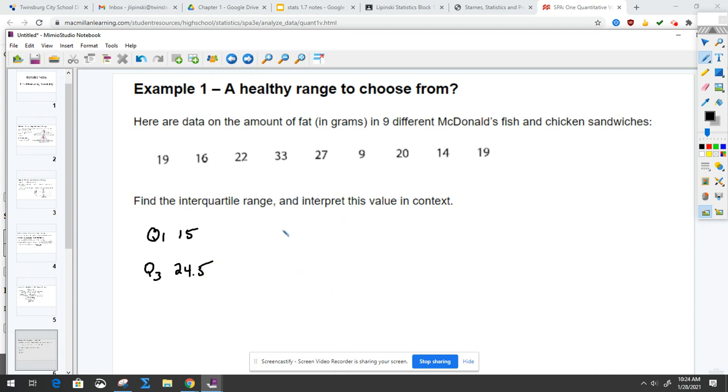And the IQR, which is Q3 minus Q1, was 24.5 minus 15, which is equal to 9.5 grams.